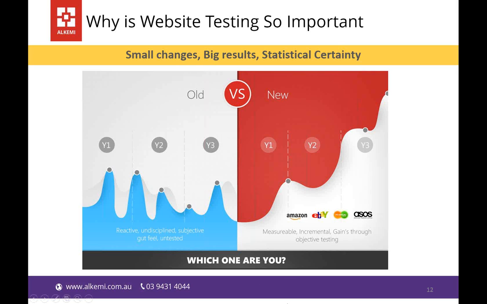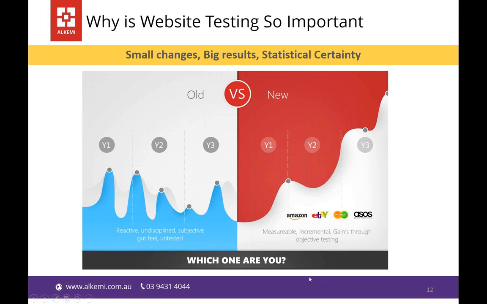Or do you want to join the thought leaders, the people who are really focusing on making strong, continuous change to their website? It's small changes getting big results over time through developing a strong sense of statistical certainty. These organisations all engage in testing, and it's always been a key part of them driving continued growth from year to year. So you need to ask yourself which you want to be.